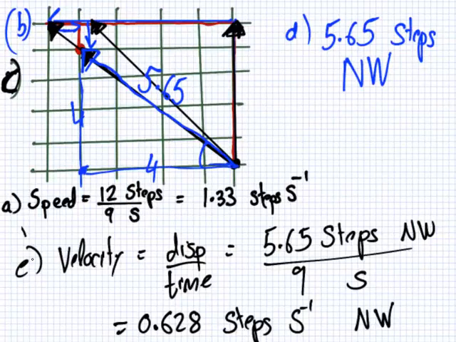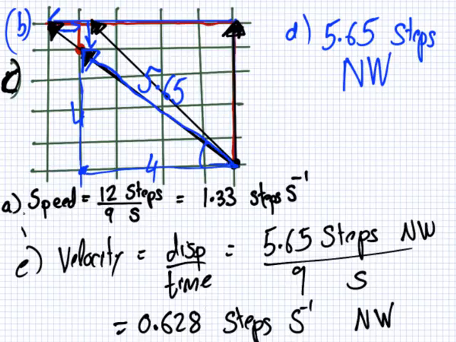Now, I probably overkilled it by breaking it down too much, with the diagram here and all that. But I just wanted to make it super clear what was happening. I probably went too far by drawing all the vectors here. The key thing is the displacement over the time, but you need to work out the displacement, so you at least need to draw something to work it out.